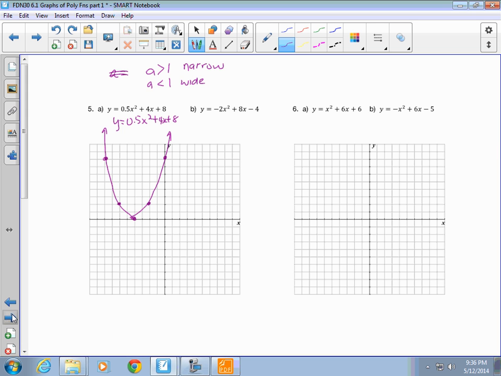So this graph that I drew, the purple one, a is a half, which is less than 1, so that's wider than normal. This next one is a 2, or the absolute value of it is a 2. So then that means my graph is going to be skinnier or narrower than normal. So for this graph then, my vertex is up at 1, 2, 2, 3.